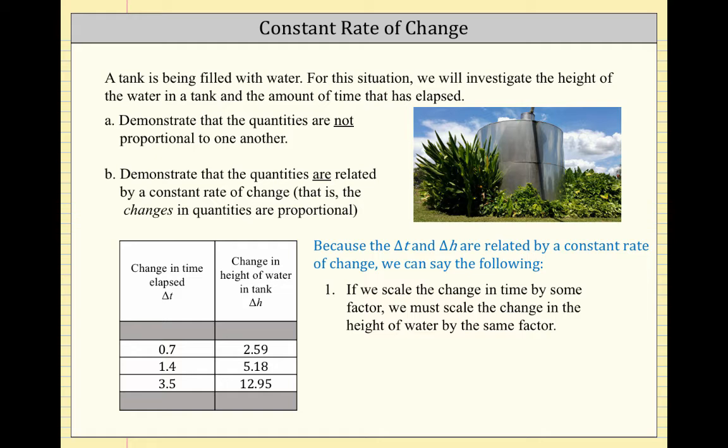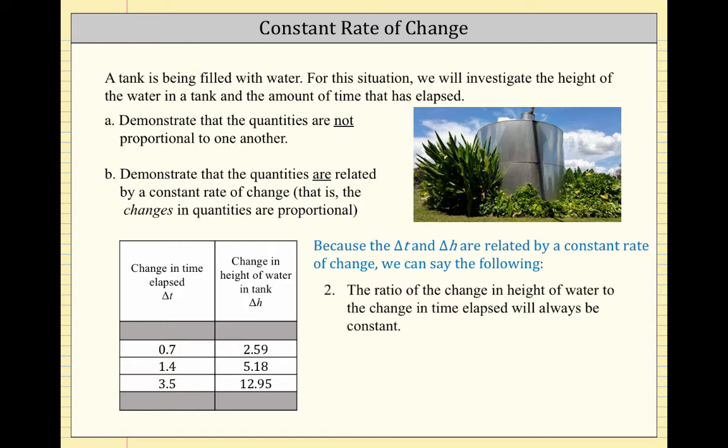Because the change in time and the change in height are related by a constant rate of change, as we've just shown, we can say the following. If we scale the change in time by some factor, we must scale the change in the height of water by the same factor. That's the idea of scaling. The ratio of the change in the height of water to the change in time elapsed will always be constant.